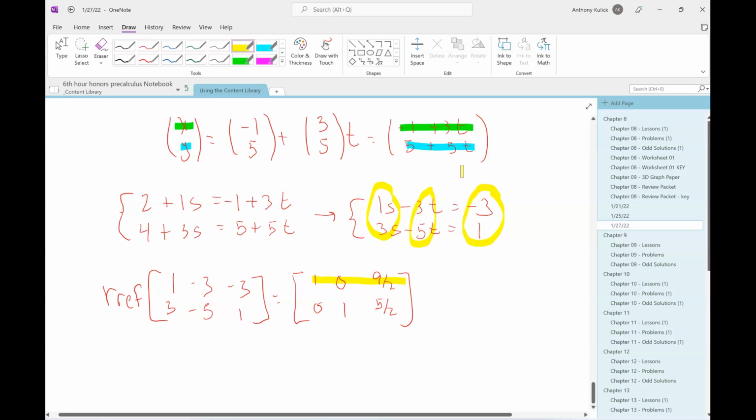So the first row reads as 1s plus 0t equals 9/2, or just that s is equal to 9/2. Similarly, the second row would be 0s plus 1t equals 5/2, or just that t is 5/2.